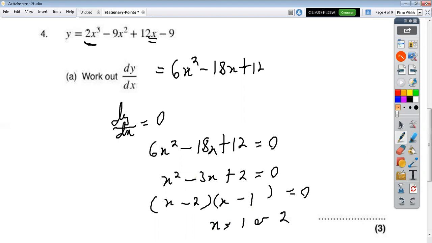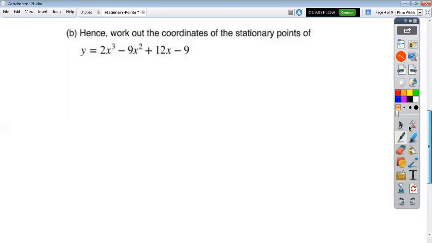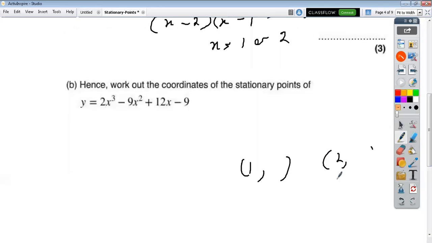Which means I now know the x coordinates of those 2 turning points, but I don't know the y coordinates. I need to find the y coordinates. Remember we have the equation, so we're simply substituting. Let's substitute 1 there. So it's 2 brackets 1 cubed minus 9 brackets 1 squared plus 12 brackets 1 doesn't change anything, minus 1 does not change it.